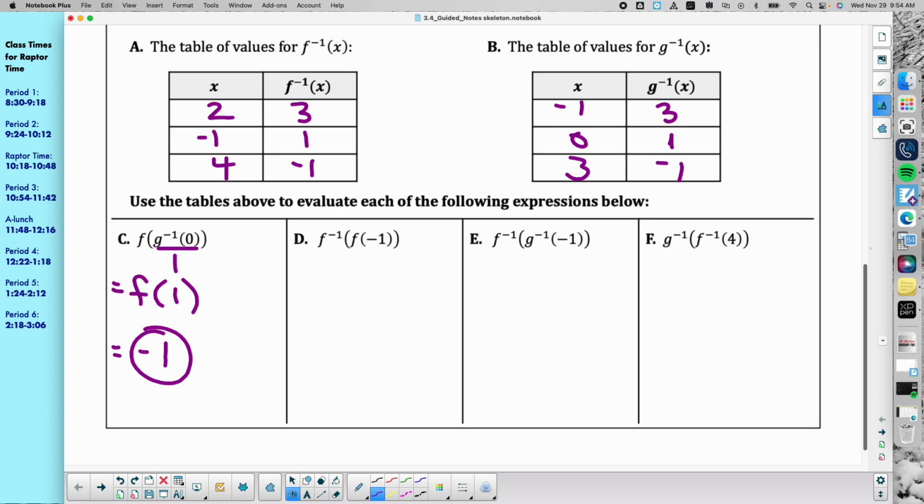How do you do E? Because you get 3, and then there's no 3 on the other graph. Oh, that's not good. G inverse of -1. This is your x. Would you have the inverse there? You have to go the opposite way?